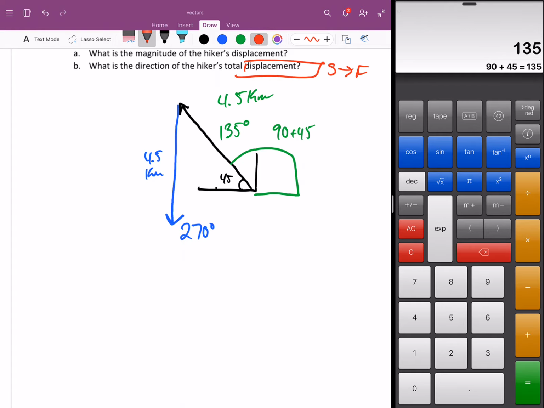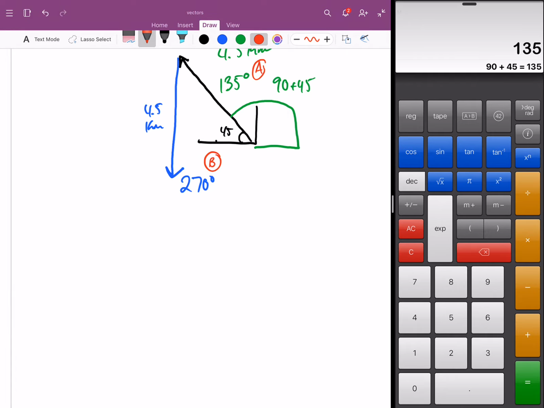So, break these down. 135 we'll use as A. 270 we'll use as B. So you have XA, YA, and then of course XB and YB.